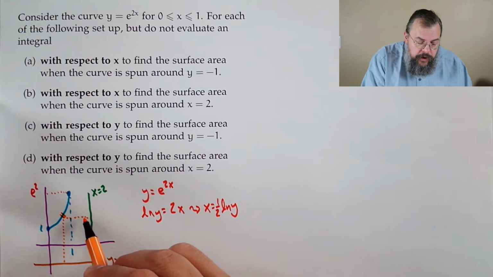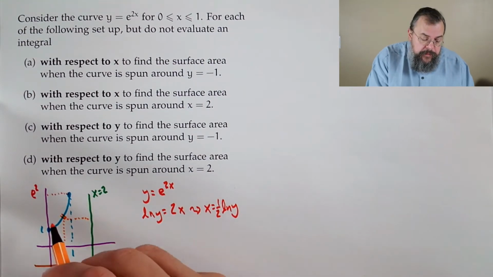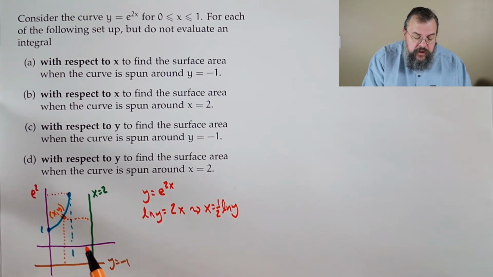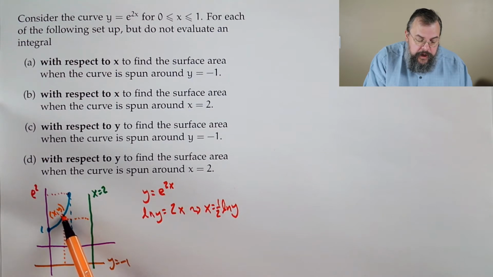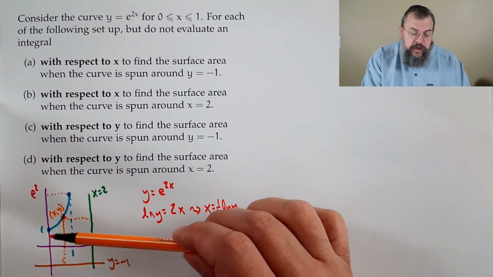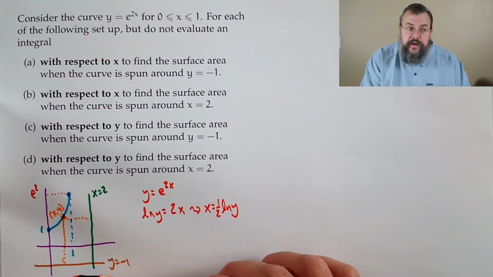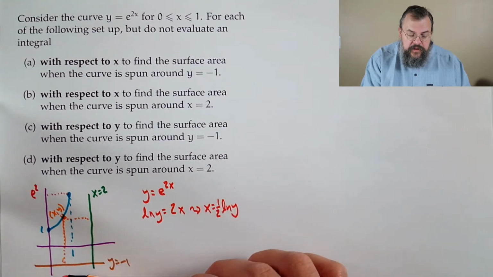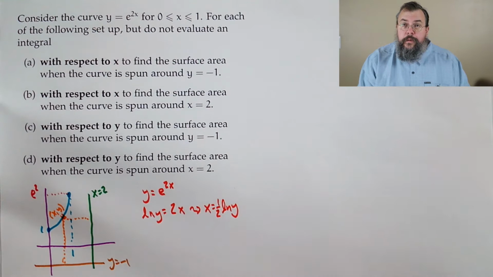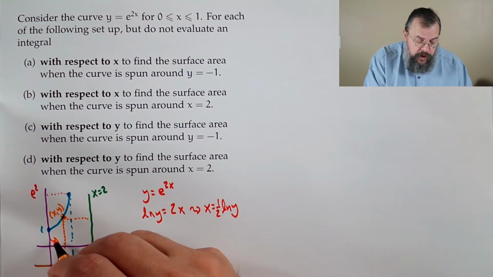Well, let's just write them for right now in a very simple way. If I'm thinking of this point just as the point x comma y, the distance from this y down to y equals -1, well, here we can see that the curve is on top. It's a larger value. High minus low. So this y value, subtract the y value down here, y minus -1, means that this length is y plus 1.